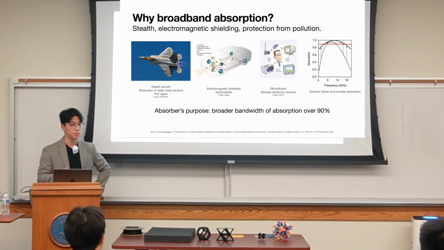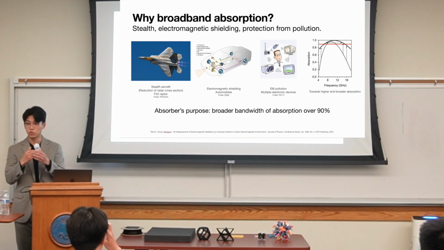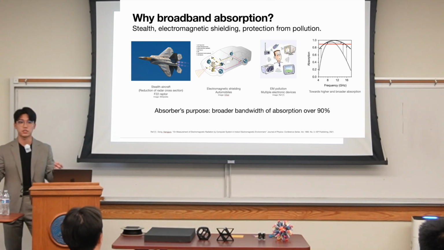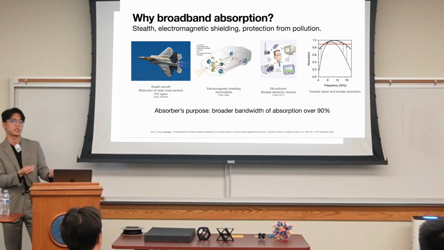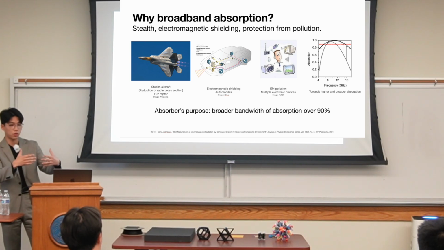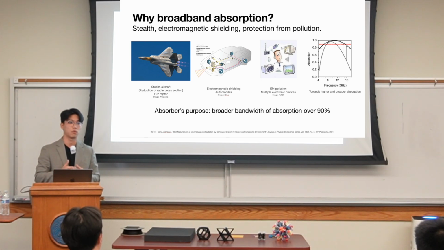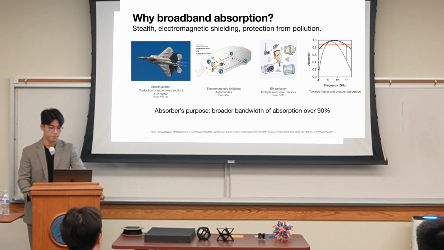Another application can be autonomous vehicles, where radar is utilized to detect objects. But the problem is that if there are interferences between the signals inside, and if we don't absorb the unwanted signal, then there can be a malfunction in the electronics.